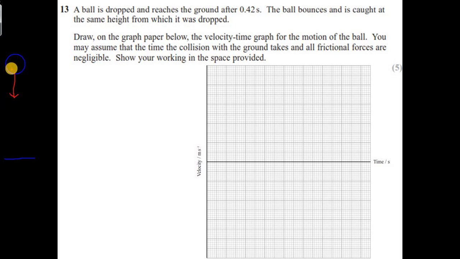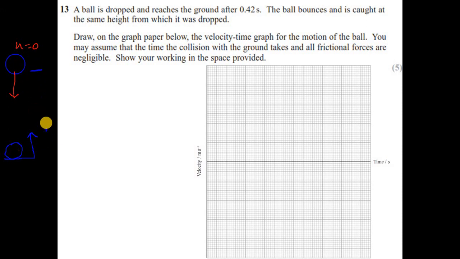Remember, because it is dropped, the initial velocity of the ball must be 0, and when the ball comes down it hits the floor and then bounces back and goes up, and according to the condition the ball is caught at the same height. Same height means there's no energy loss.